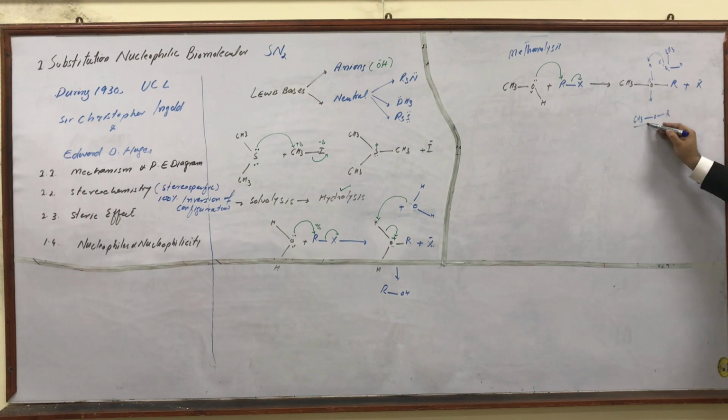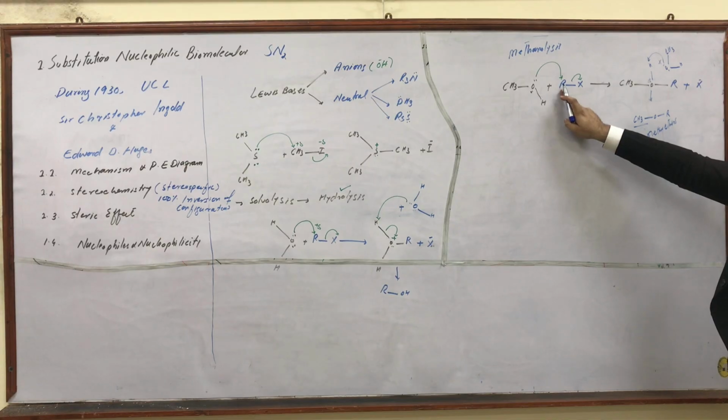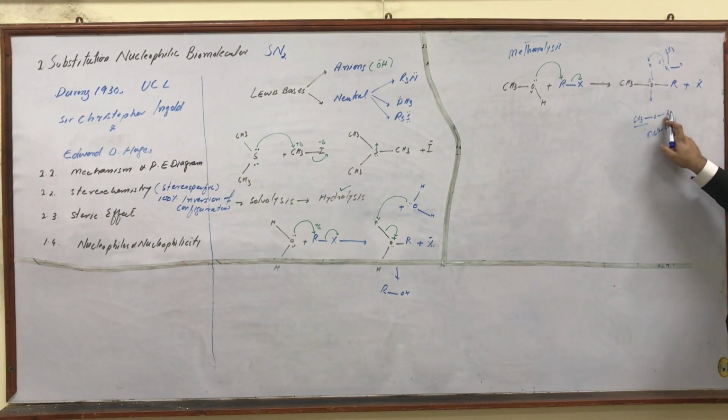CH3OR. So this class will be called methyl ethers because this alkyl is our choice. Whatever the alkyl group in the alkyl halide, the same alkyl will be connected to this side.